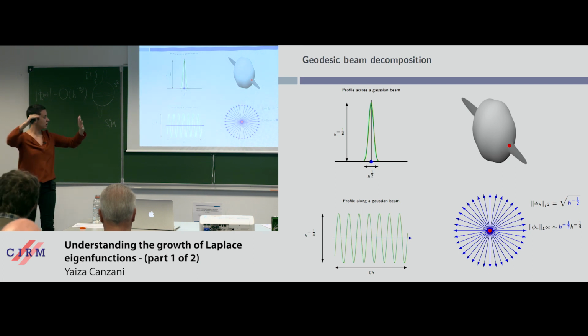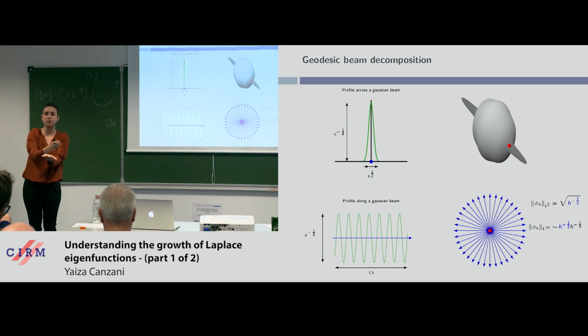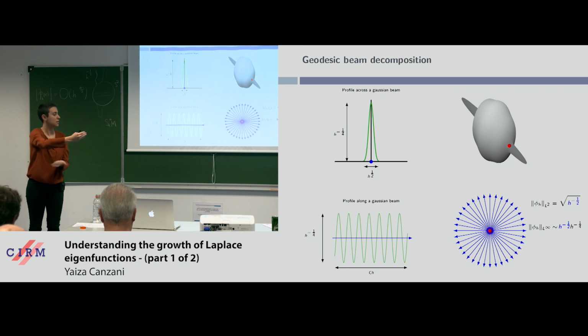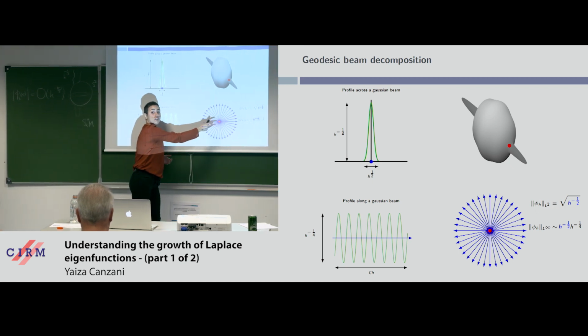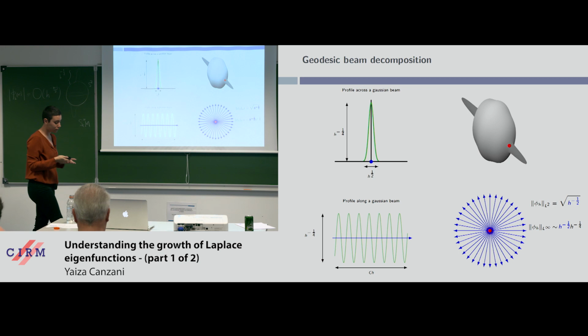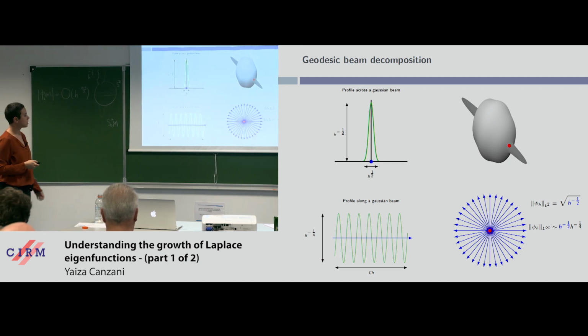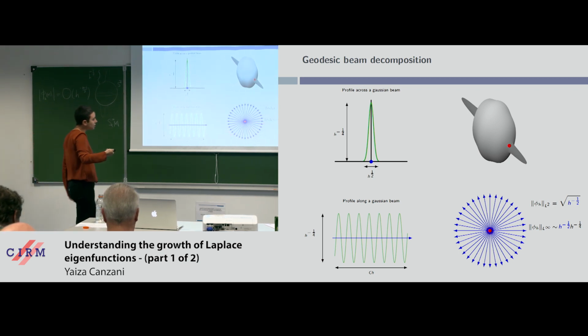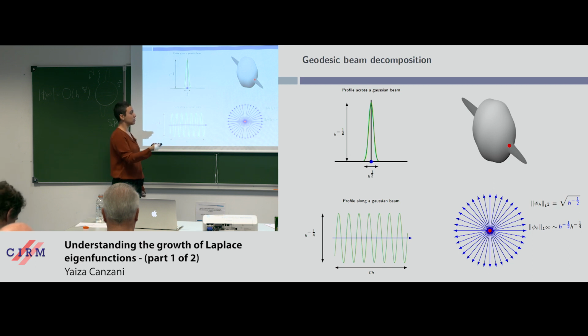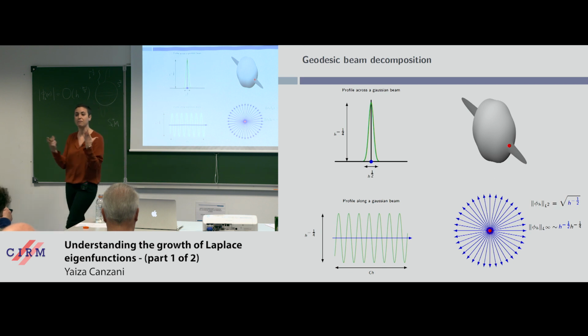And what you realize is that you have to put these Gaussian beams that are going to be uniformly distributed in the set of directions that emanate from x. If you look at it from the point of view of using the defect measures, what that means is that the defect measure needs to be supported in a set of directions that's going to have positive mass.